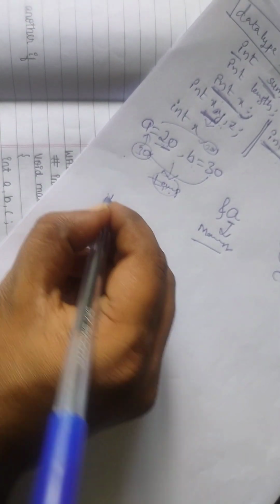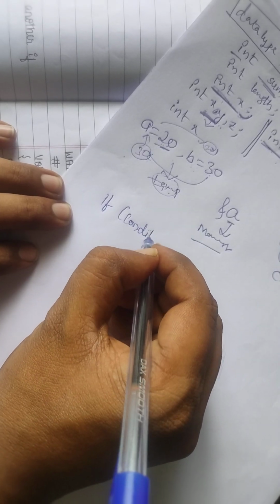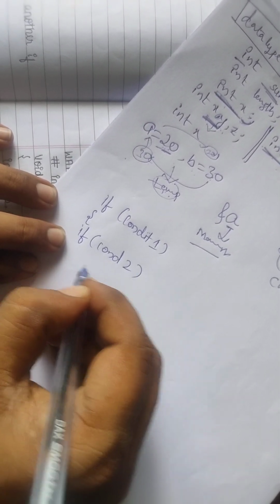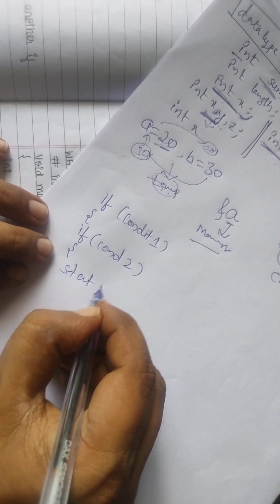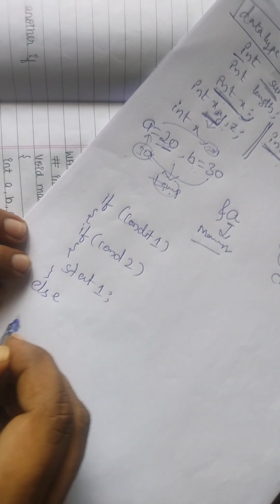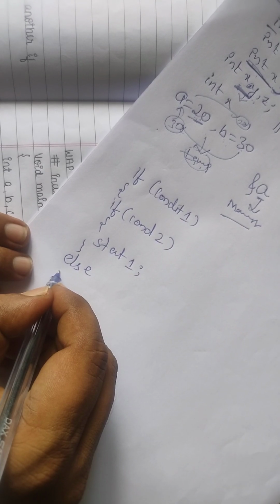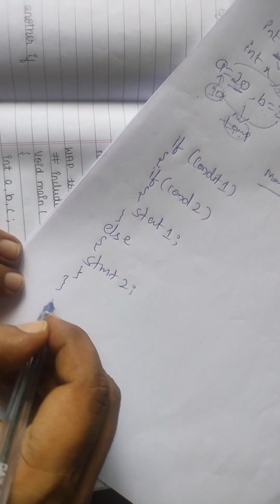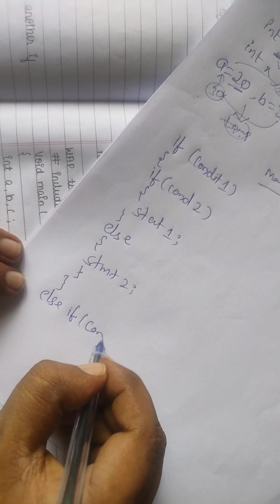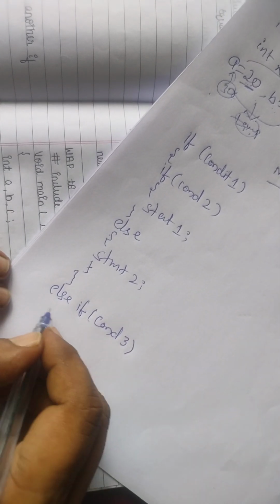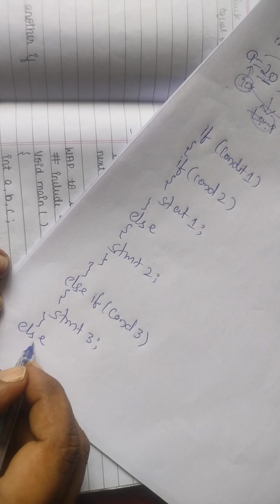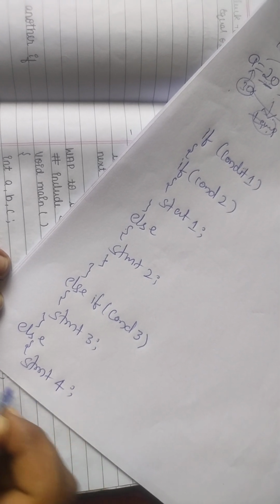I'll write the general syntax here: if condition 1, open if, condition 2, statement 1 is executed, else statement 2 is executed, else if condition 3, statement 3 is executed, else statement 4.